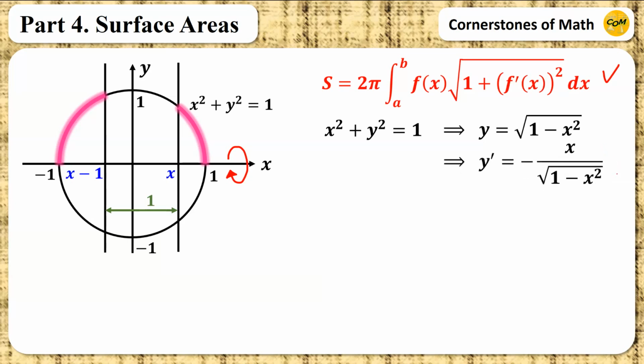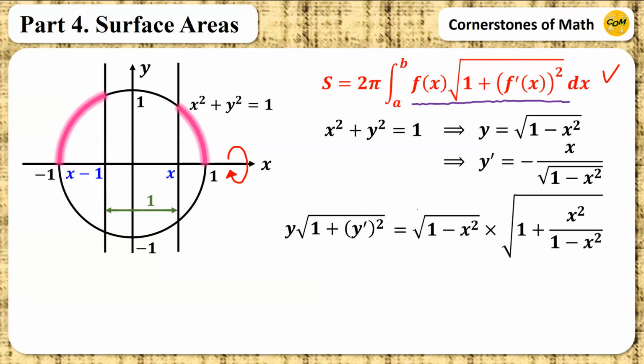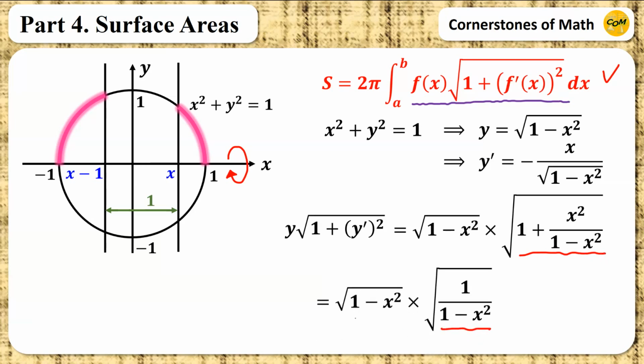So we have everything we need, and if we calculate this part first, which is y times square root of 1 plus derivative y prime squared, we have this, and simplifying this part, it simplifies to simply 1.